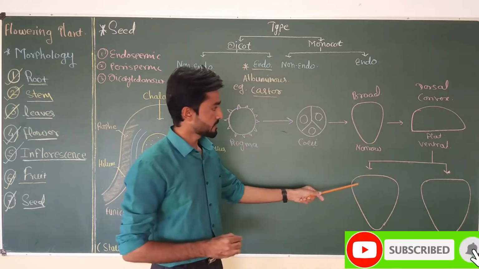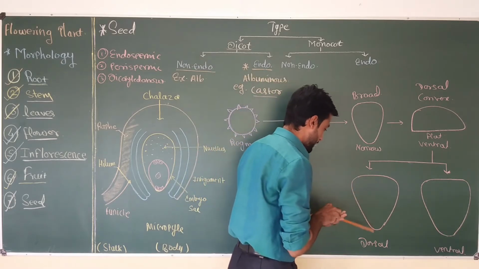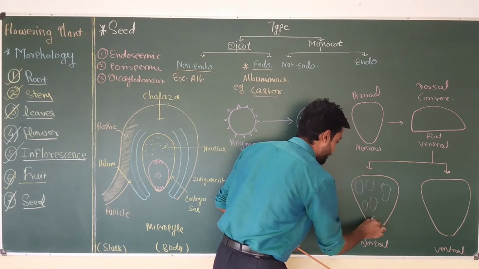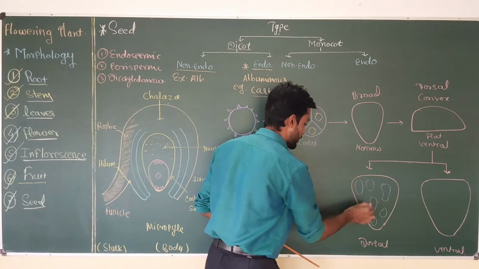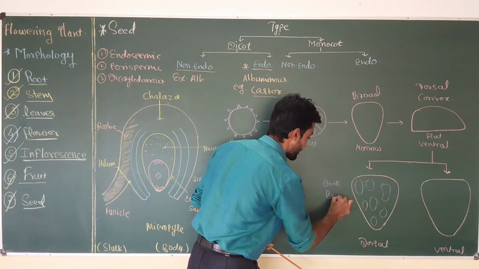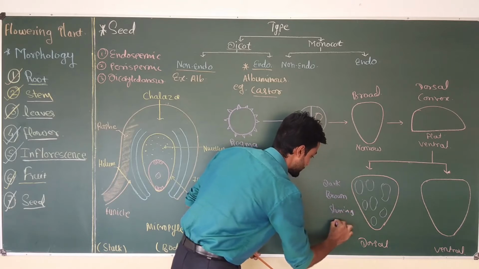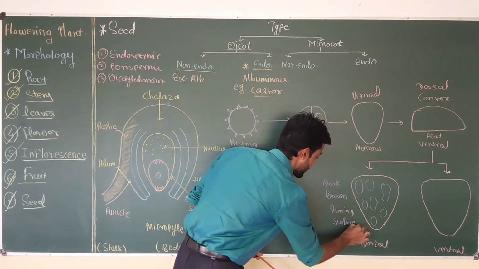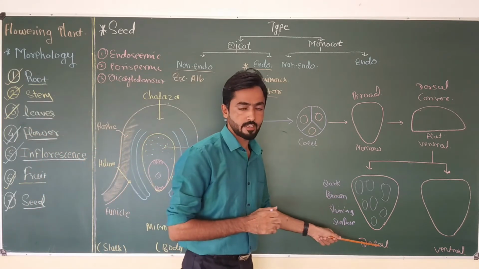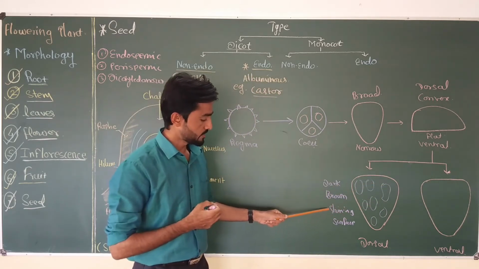So when we observe the castor seed from the dorsal side, it is a rounded convex side, and throughout the surface such patches are present. So the color of the dorsal side is dark brown with a shining surface. The seed is rich in lipids and fatty acid. So when we observe the seed from the dorsal side, we can observe this type of patches which are dark brown in color, and they show a shining appearance.